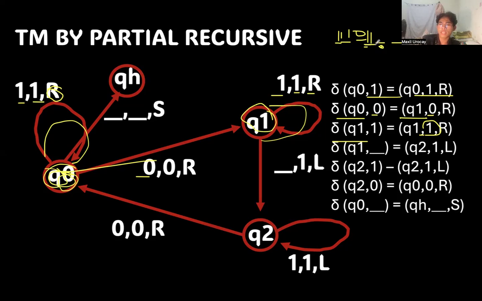Your head is at the last 1, and you move into the empty space. So you have to append a 1 here. We have Q1, the input is blank, and you append a 1.